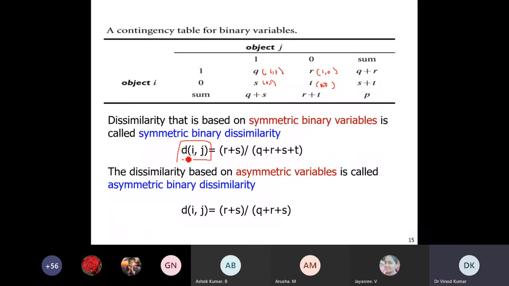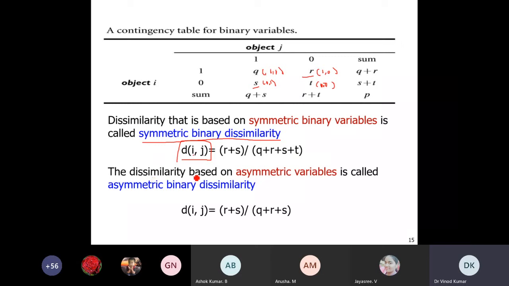Suppose objects i and j, I want to find the dissimilarity for symmetric binary variables. Symmetric binary variables means both the states, 0 or 1, have equal importance or equal weightage. So for that I will use the formula r plus s, means add this value and this value, divided by all, q plus r plus s plus t.